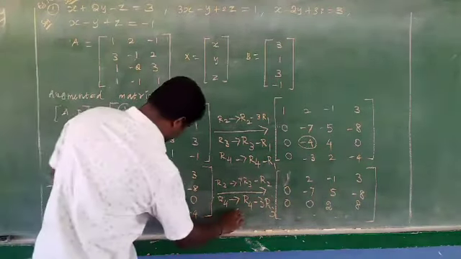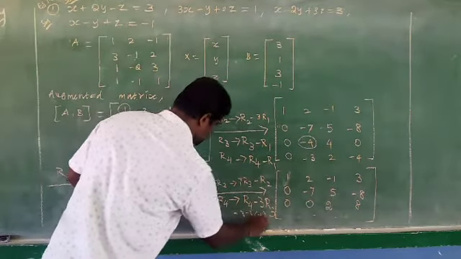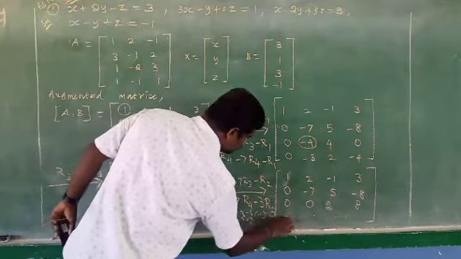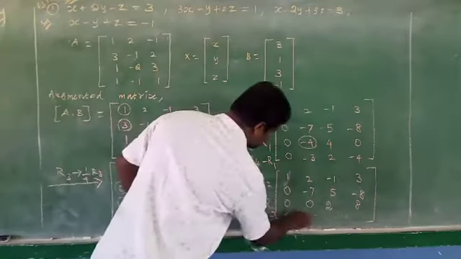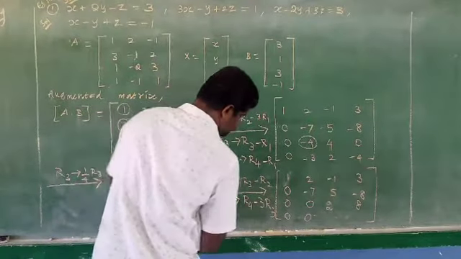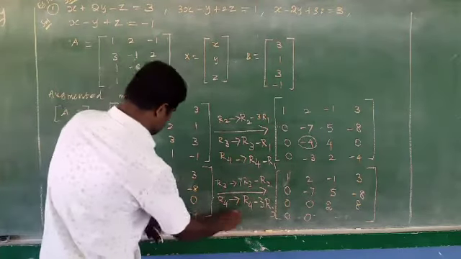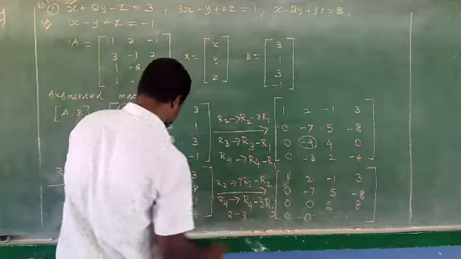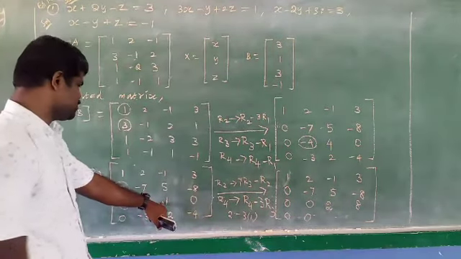Here is minus 3. R4 is minus 3 and minus 3 into minus 1. So what is the value? Minus 3 plus 3. So here is also 0 and here is also 0. Right. And the next one calculation, R4 is 2 minus R3 is minus 3 into 1. So the answer is minus 1.